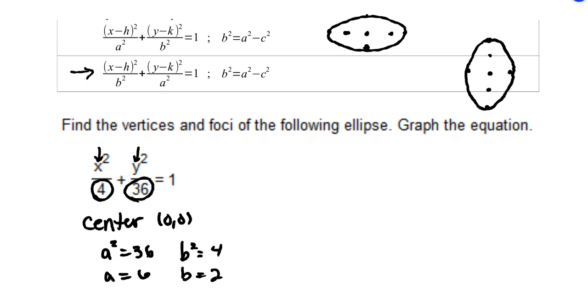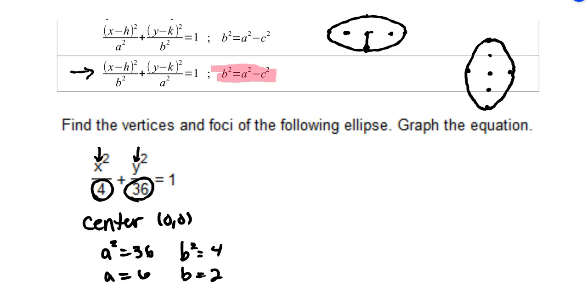This is going to help us find our vertices, but to find the foci, we have to know the value of c. And that's where this equation comes into play. There is a triangle that's created with a, b, and c. This would be a. I think I drew that wrong. Let me fix it.